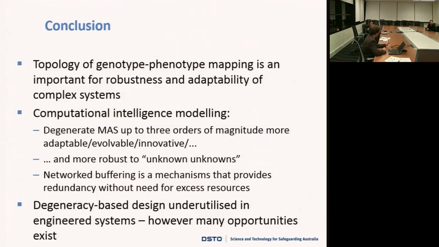And one thing that I didn't mention enough, you can also see now how you can build redundancy into systems without adding extra components. I also mentioned degeneracy-based design is underutilized in engineered systems. However, there are many opportunities, and I've given you at least some characteristics, and you have to look through them again. If you know what degeneracy is, you can see opportunities. And that's pretty much why I'm no longer doing operations research since I got promoted, but my research program is using exactly this now in the technology domain area.